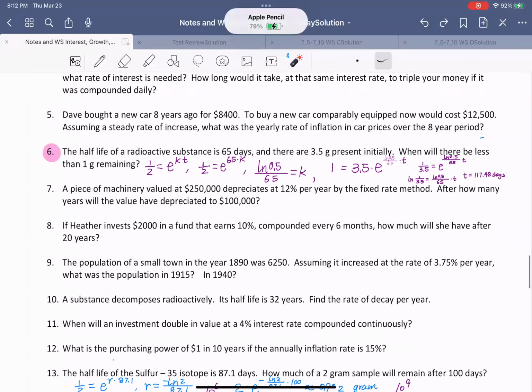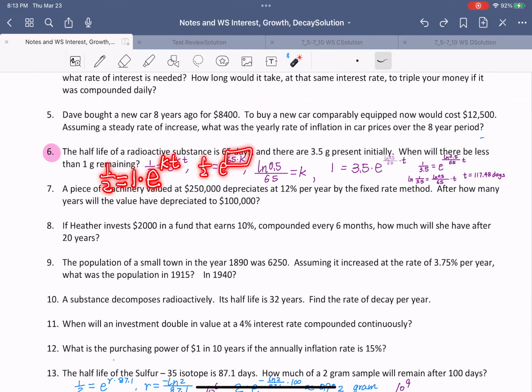So half-life, for example, originally you have 1 gram. After 65 days, you only have 1/2 gram left. This is saying you are using 1/2 as your new value. 1 is initial. This is following this decay model, e to the power of kt. So 1/2 over 1, which is 1/2, and e to the power 65 times k.